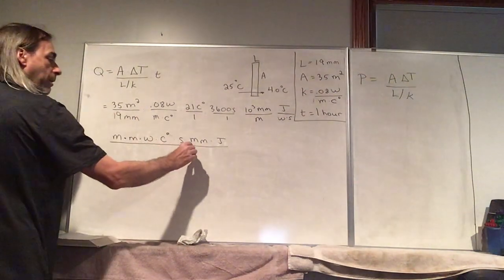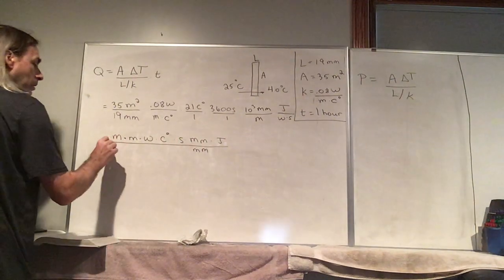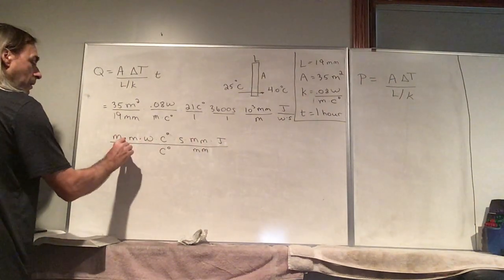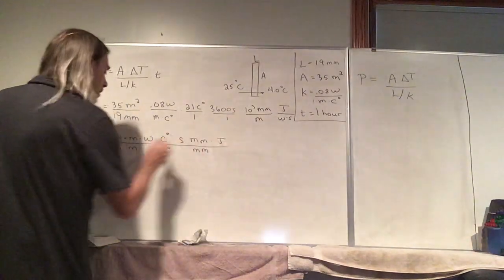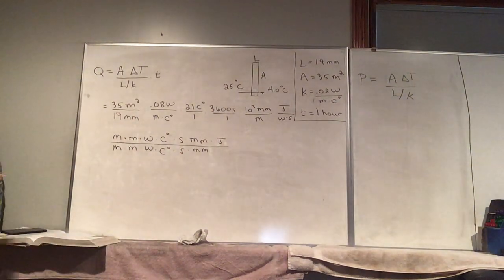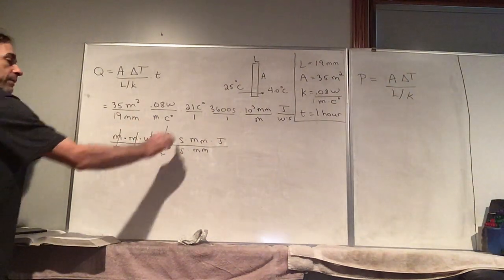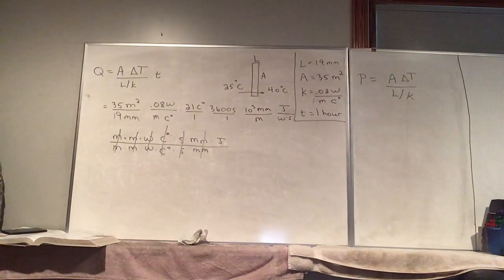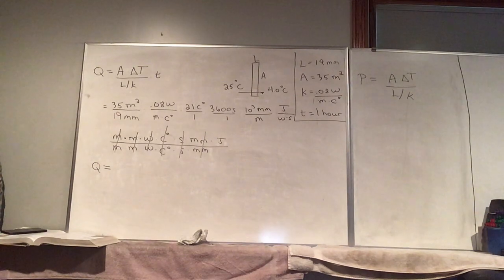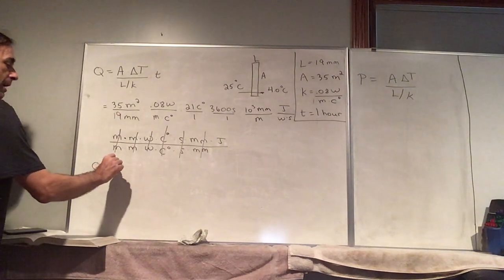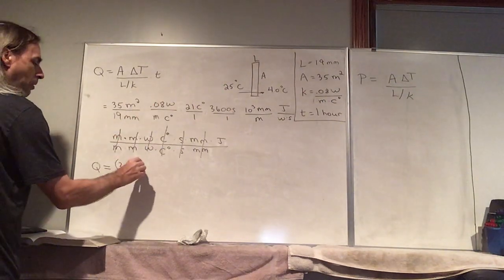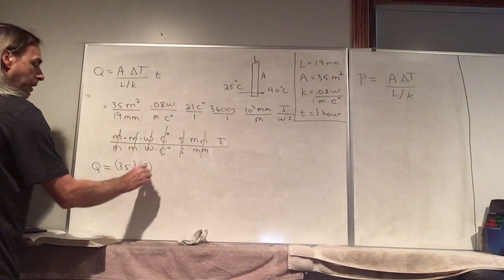On the denominator we have a millimeter, a meter, Celsius degree, and then a meter here, and then a watt and a second, and we can see everything crosses off except for joules. So the amount of energy, so I get the numbers now. We have 35. I'm going to write 0.08 as 8 over 100.